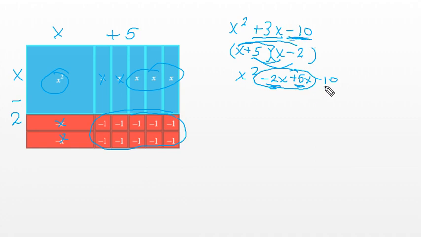I get this negative 10 by multiplying the last 2 terms in my binomial factors. So I'm multiplying this positive 5 by the negative 2 to get this negative 10. So I have to have numbers with different signs in order to get this negative. I know that if my second term is positive, I've got to have more positives than I do negatives.